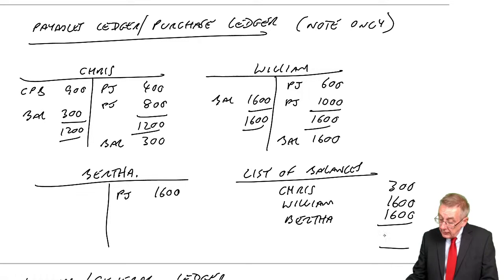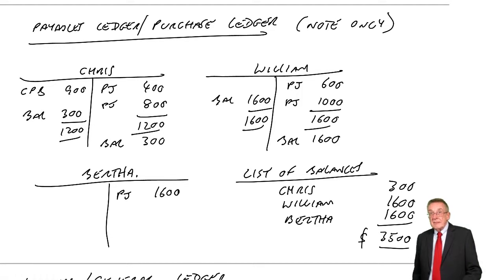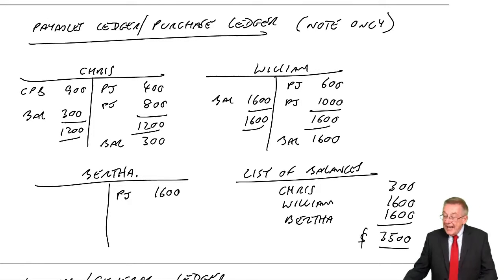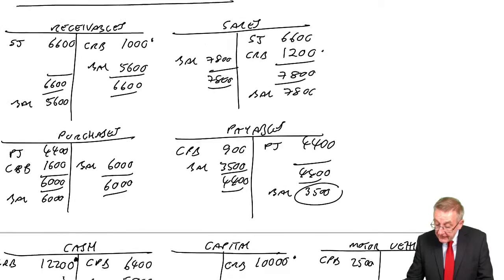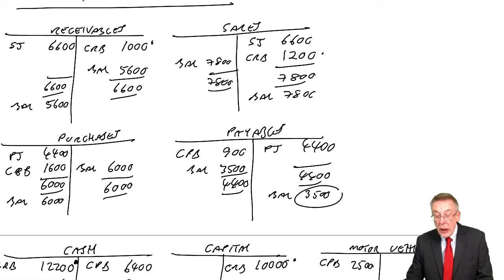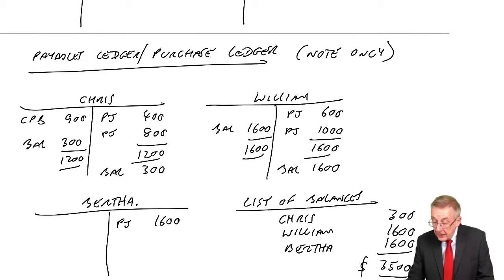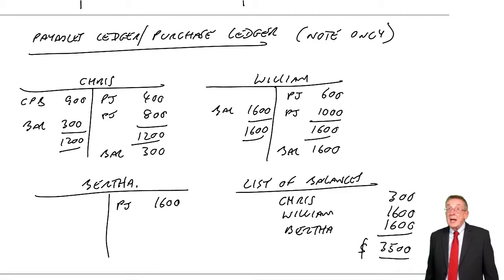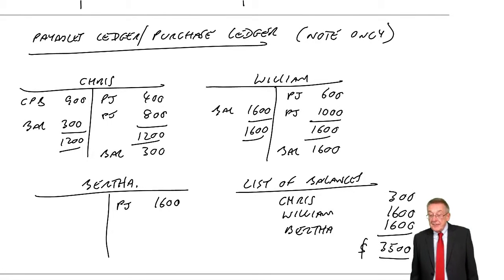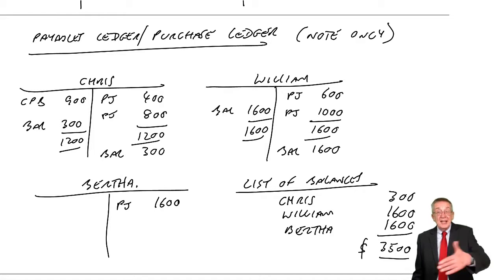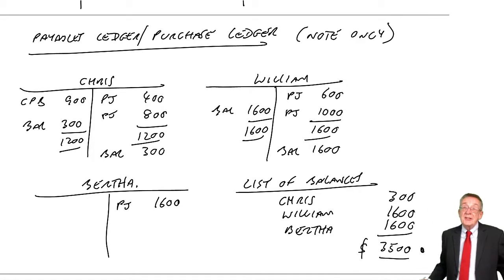How much do we owe in total? 3,500. So in the nominal ledger, I know the total owing, 3,500. From the payables or purchase ledger, I know who we owe the money to. And of course, the total of that list should be the same as the total in the general ledger.